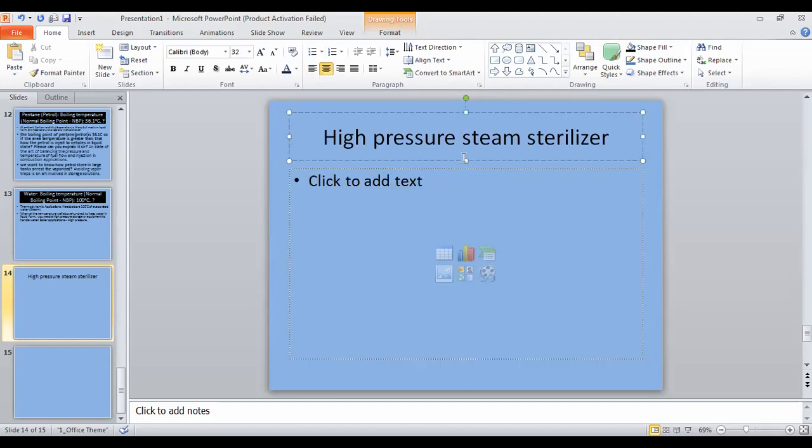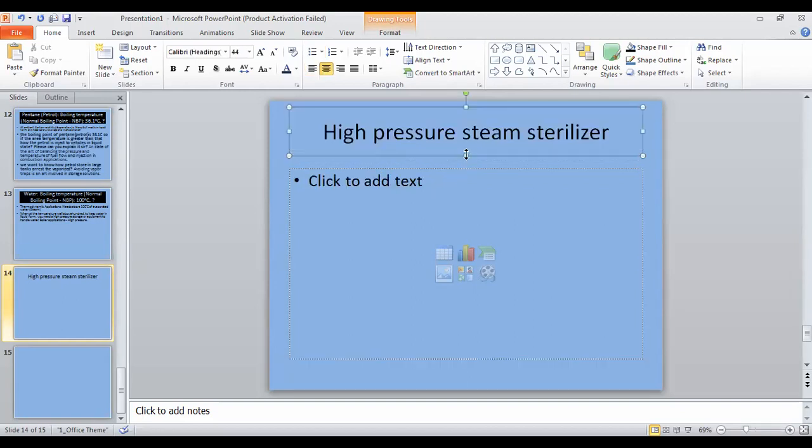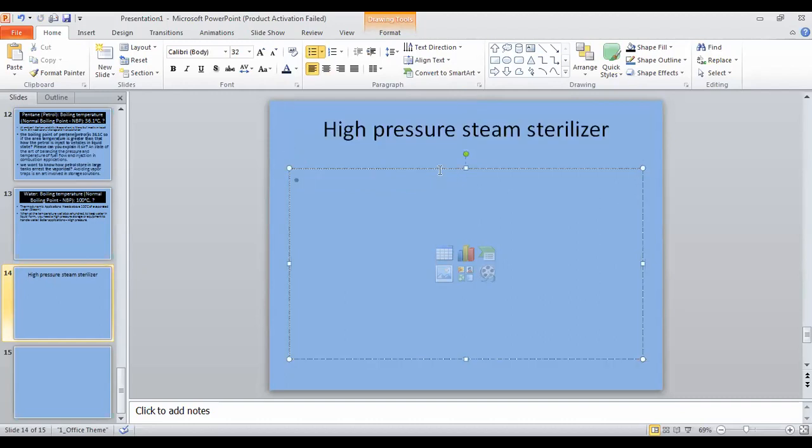Sterilization. For sterilization, steam can be used.